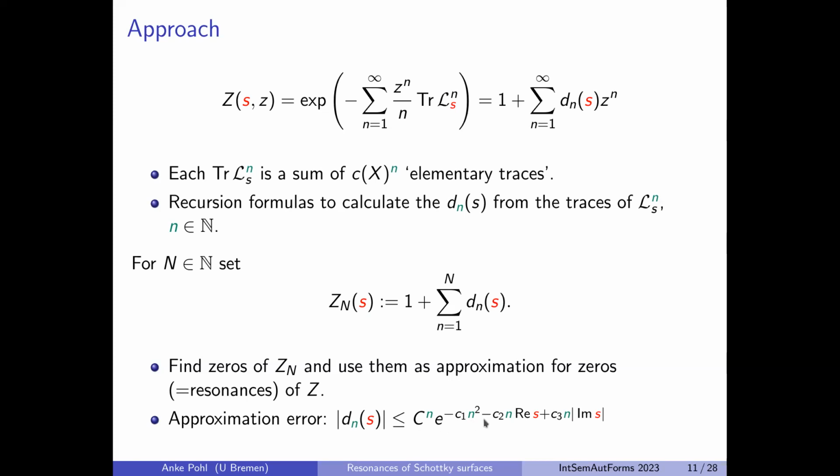So what you see here is this. All these little c's, so the C1, the C2, the C3, are all positive numbers. As long as the real part of s is positive or 0, and the imaginary part is not too large, then you're actually quite fine. You can just turn the N up a bit and the error goes down.